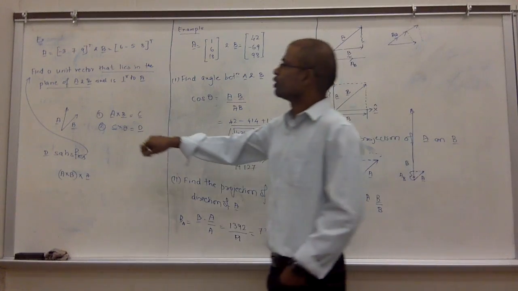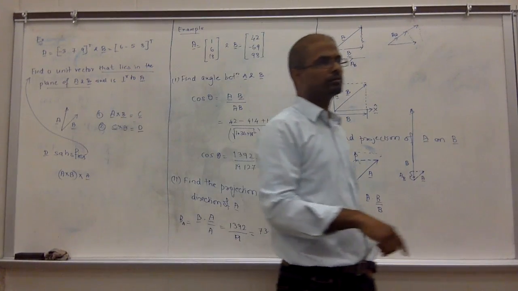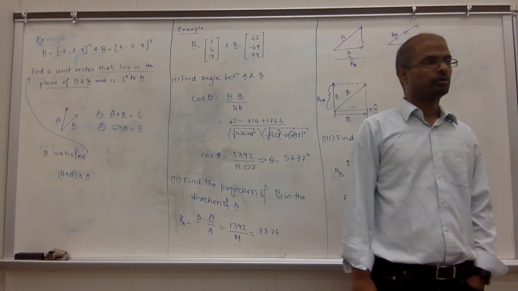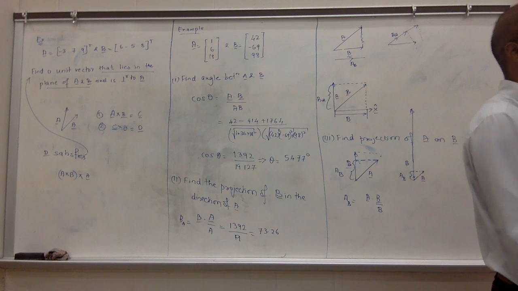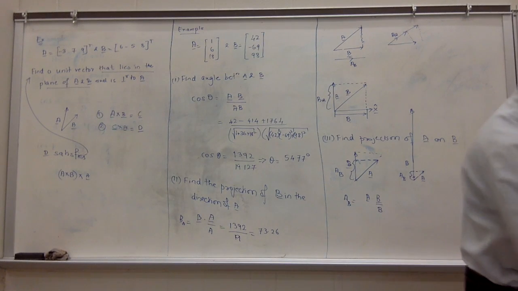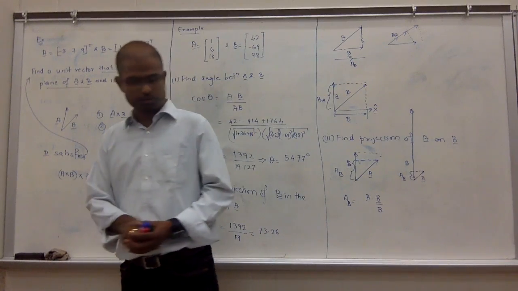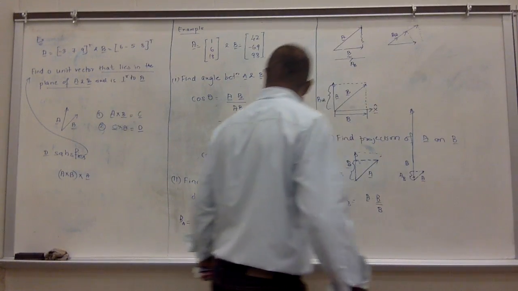That's the reason this is important. If asked to find a unit vector, there can be many unit vectors depending on how you do it. But you understand that? Now this is A cross C. This is how you need to use cross product, dot product, and triple product.